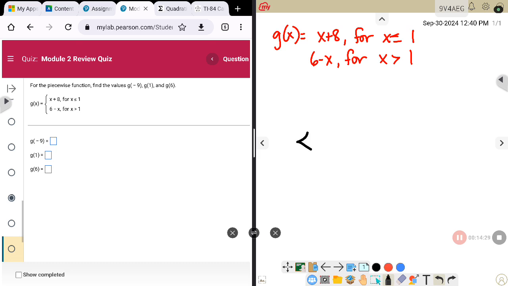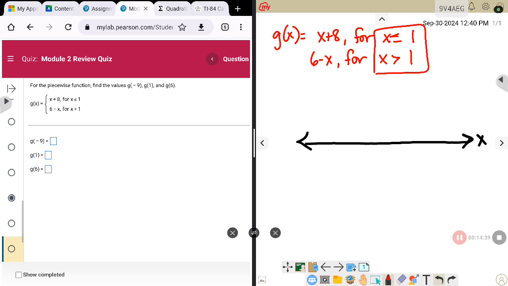I like to draw my x-axis, and it's just a number line, and then put any number you see represented on this side. The only number I see is 1. So when you're less than or equal to 1, you're the x plus 8 piece. And if you're greater than the 1, then you're the 6 minus x piece.